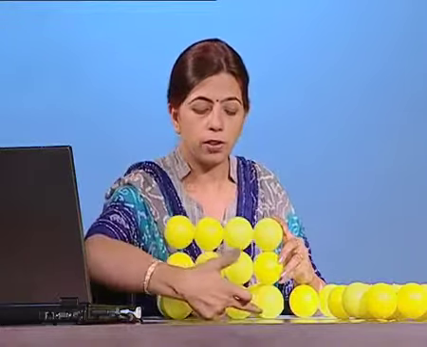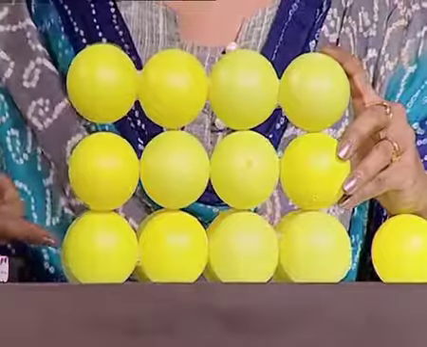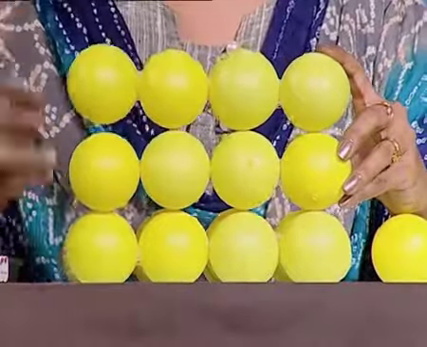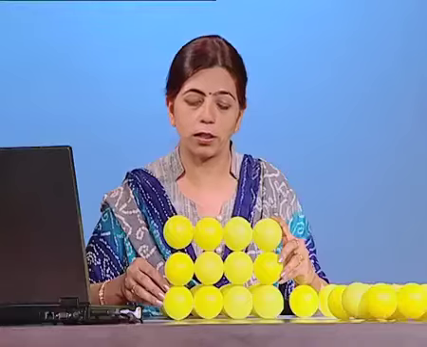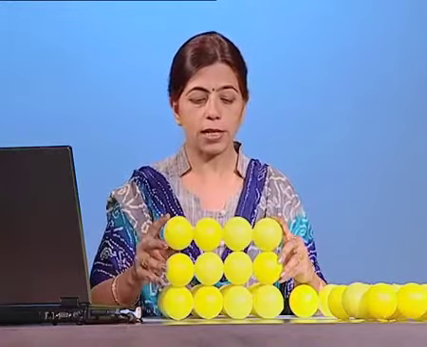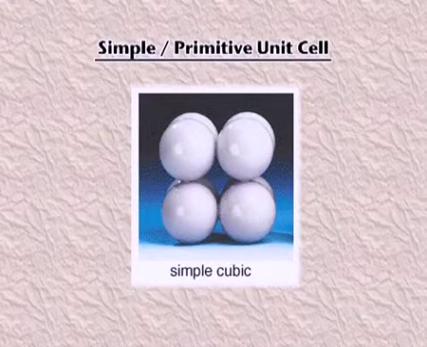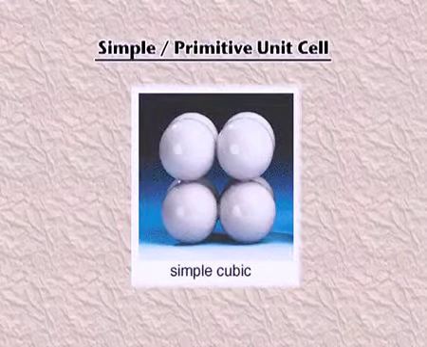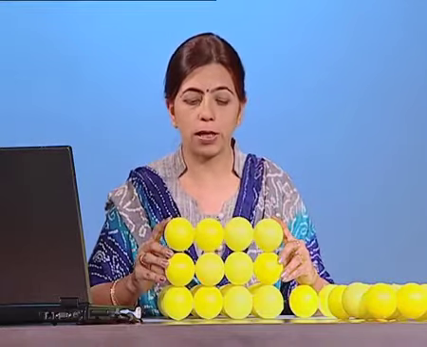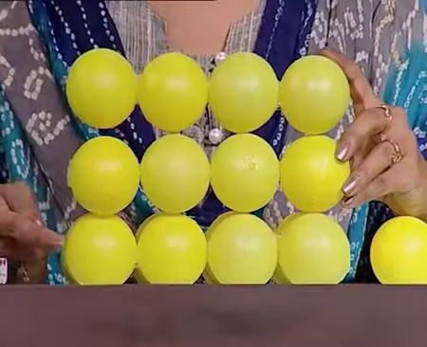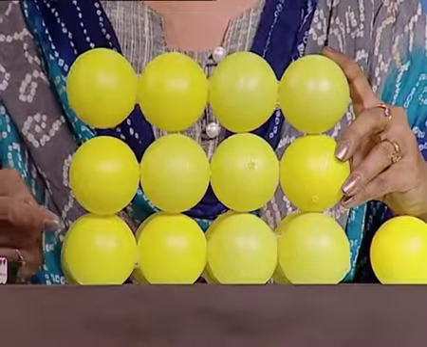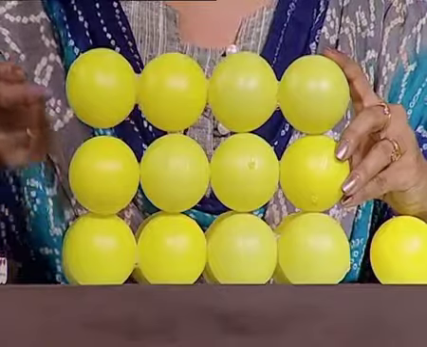Now I have the length, the breadth and the height. This is three-dimension packing. Now you can see that when my unit cell is generated, it will be of a simple kind. That will be a primitive unit cell. This is one way of three-dimensional close packing, and since the pattern of the first layer is repeated, it is known as AAA type.